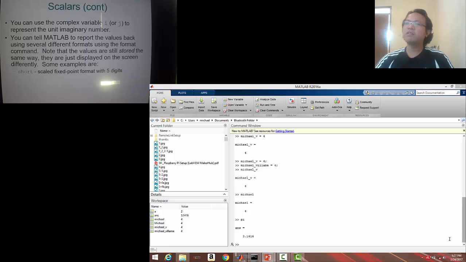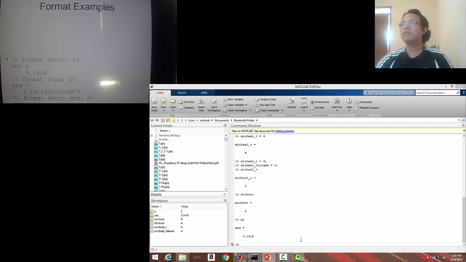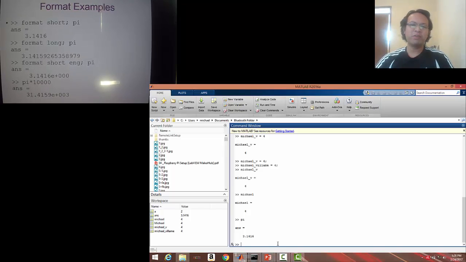Short is a scaled fixed point format with 5 digits. If you say long, you will have 15 digits for double and 7 digits for single. Short eng is also there. The example is in the slides, so we will see that now.